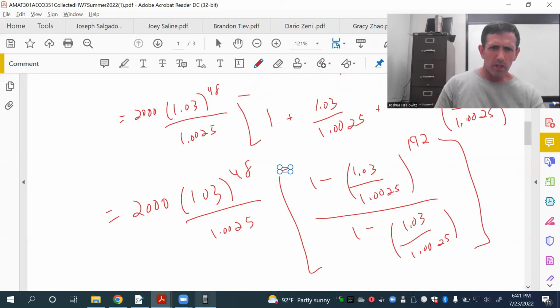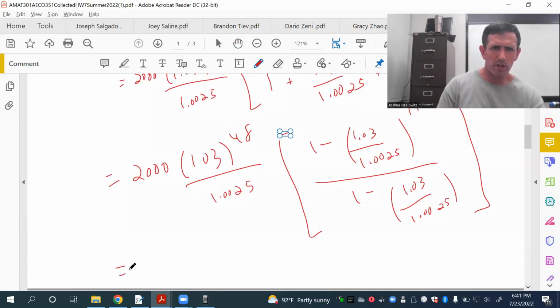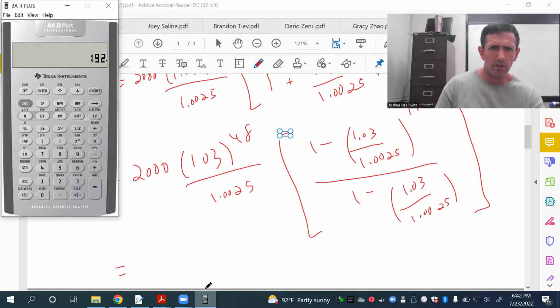Okay, yeah, and I'm not going to do this in the calculator. You can do it yourself. Actually, I don't remember what this is, so I will do it in the calculator.